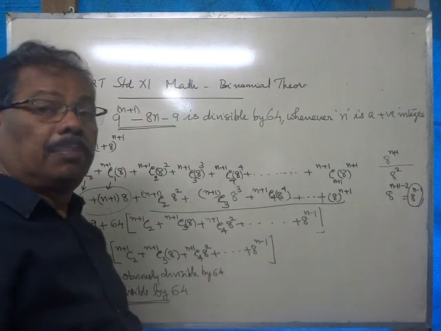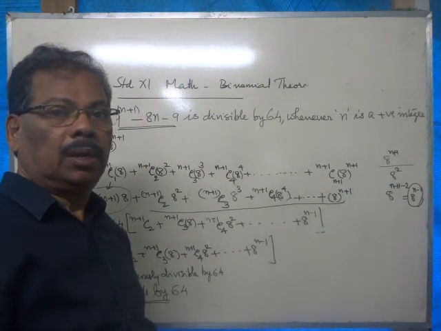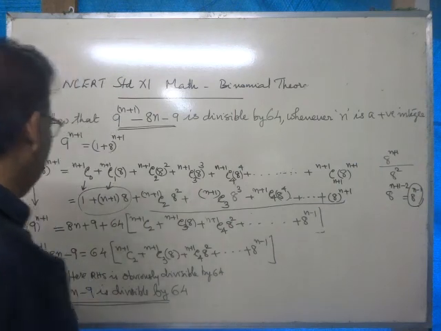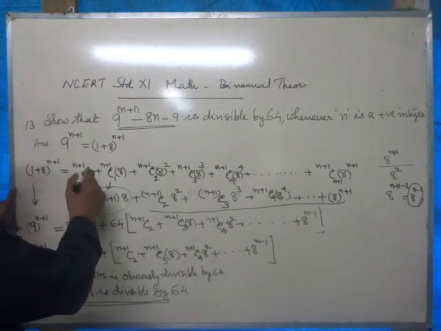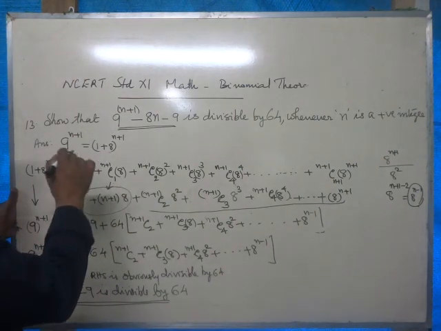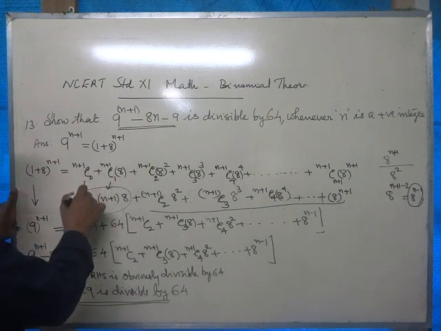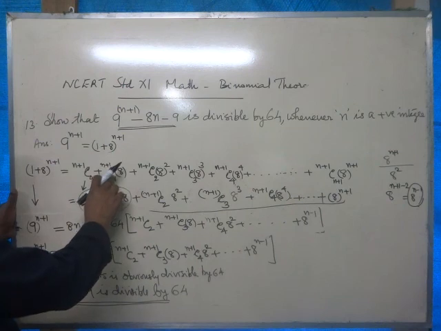As we expand (1 plus x) to the power n plus 1, here n plus 1 C0 is 1 itself, and n plus 1 C1 is n plus 1.